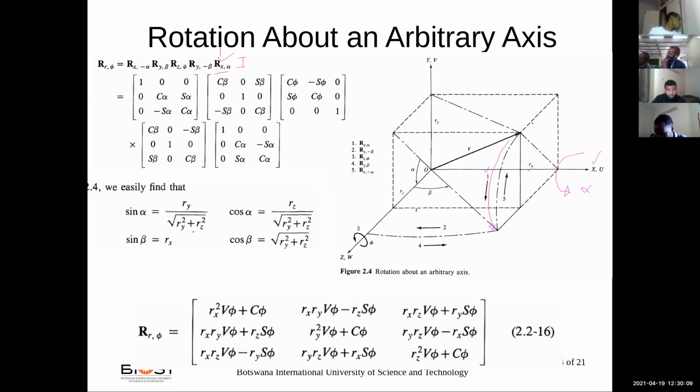If this is x, what will happen to y and to v and w? The rotated axis will somehow become maybe here. Your v and your w will be somewhere here.